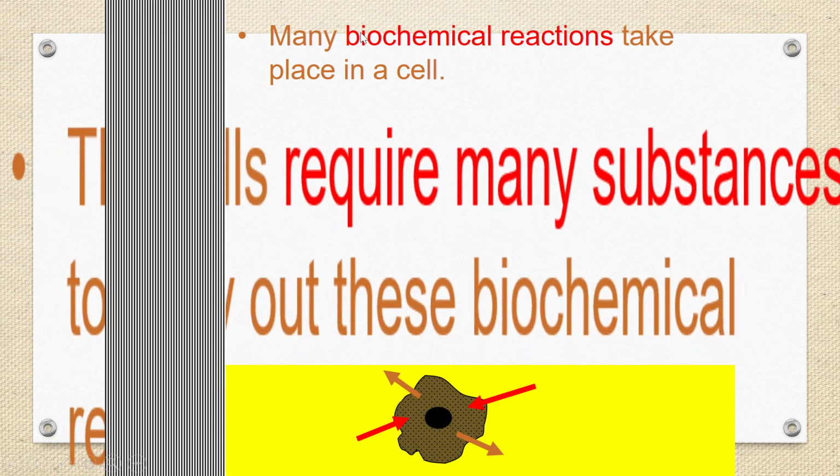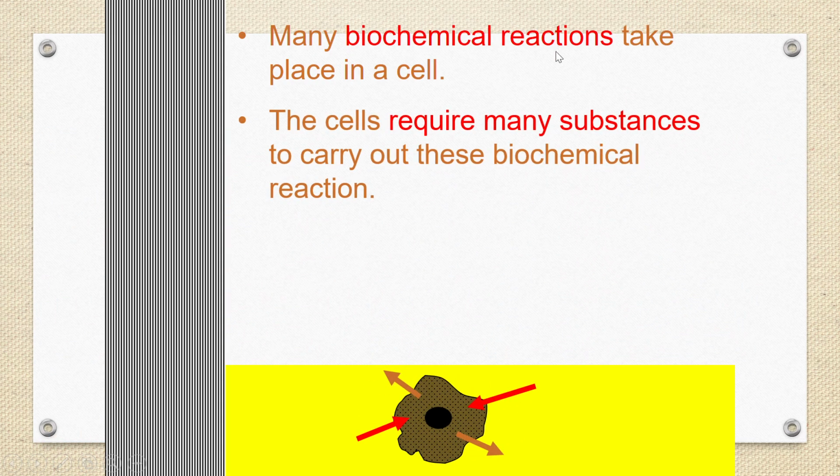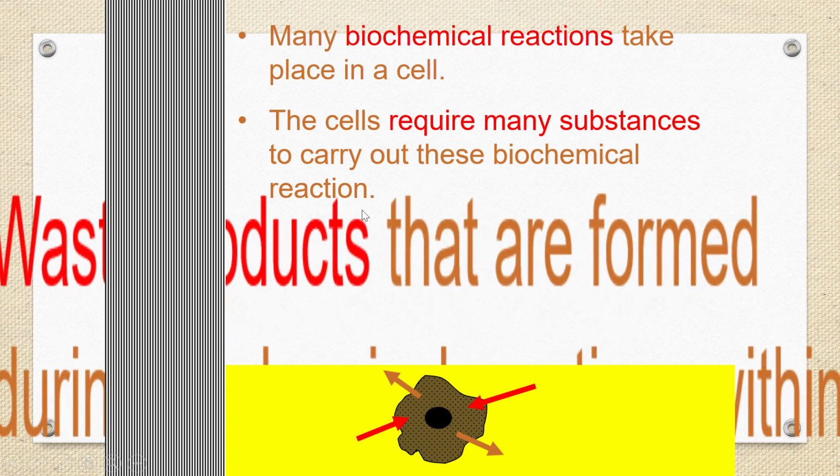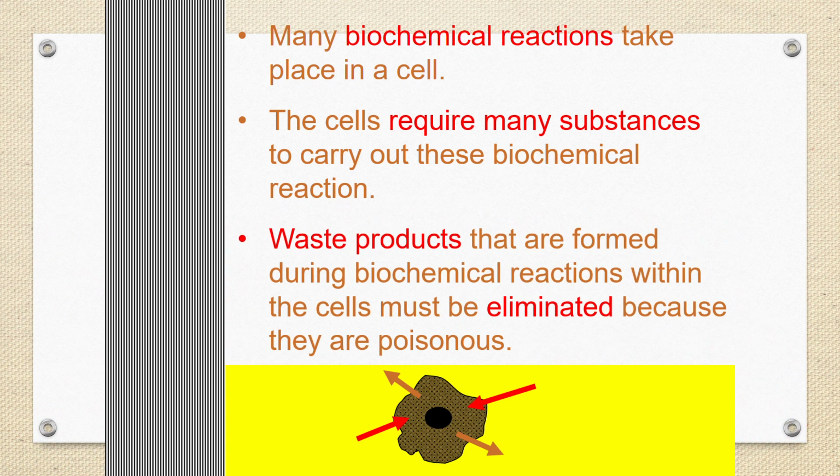It says many biochemical reactions take place in a cell. And because of that, they require many substances to carry out these biochemical reactions. Because of the reactions also, there are some waste products being formed, and those waste products cannot stay long in the cell.